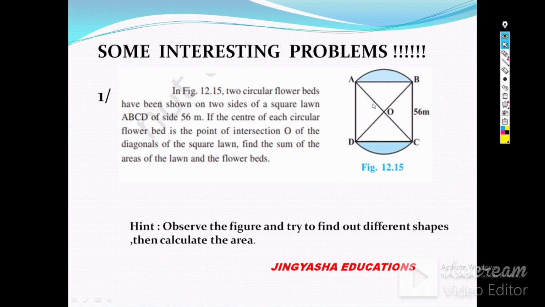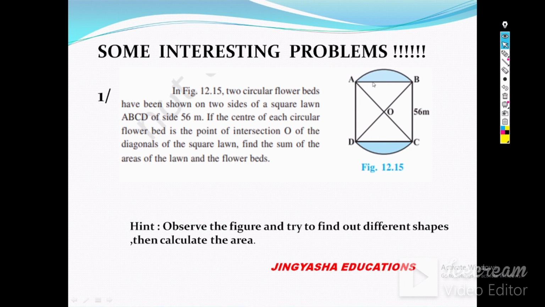So you know what OA and OB are, and just before that you can see that the two diagonals intersect each other at 90 degrees. So AOB is 90 degrees. So you can find out the area of the AOB segment, I mean this segment.